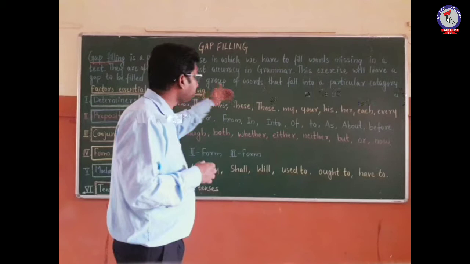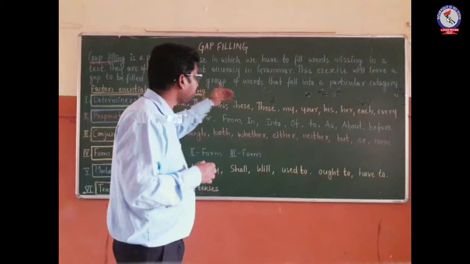Let us move to the next, forms of verb. As you know, there are three forms of verb: first form, second form, third form. We must be well acquainted with the forms of verb: V1, V2, V3. Let us see the next, modals: can, could, may, shall, will, used to, ought to, have to.